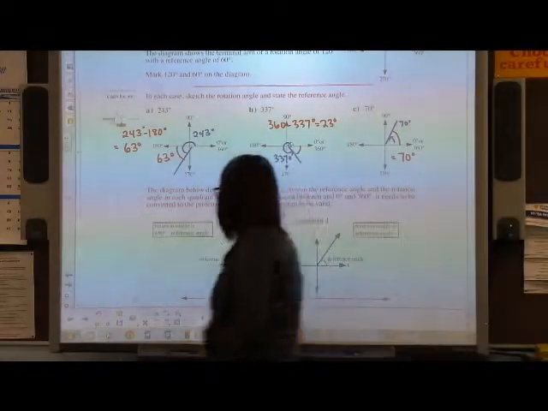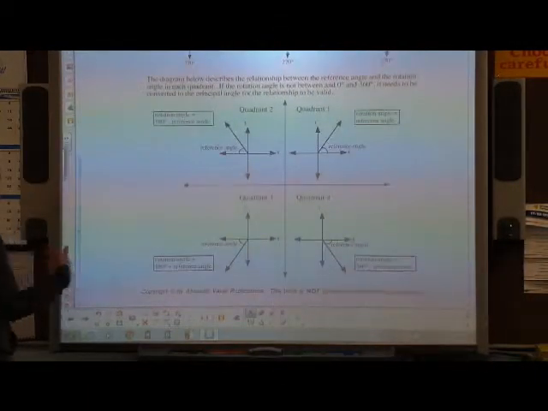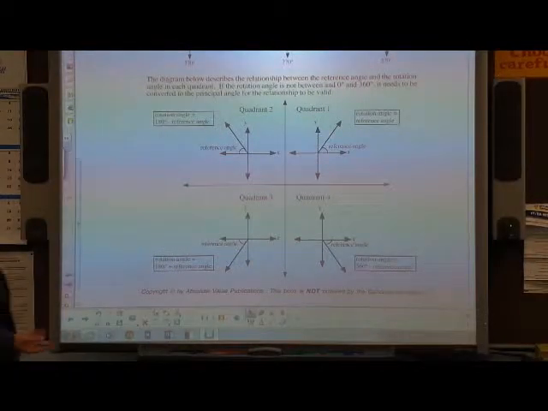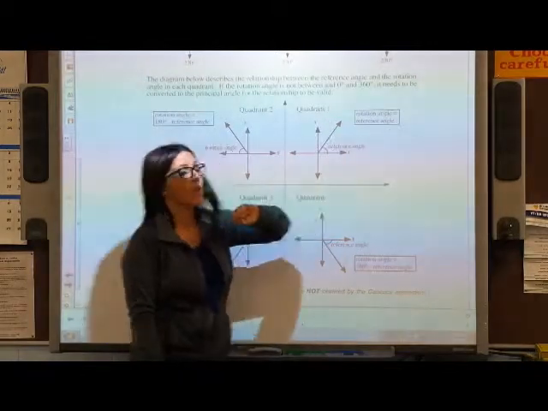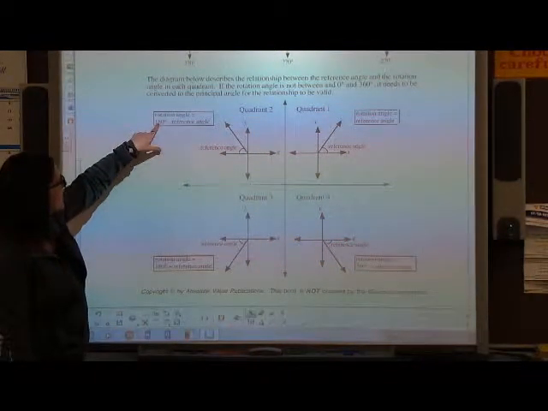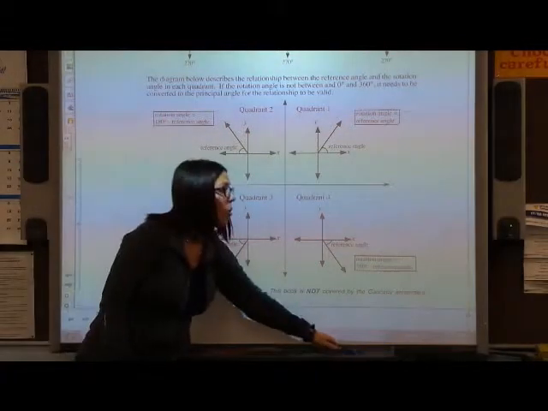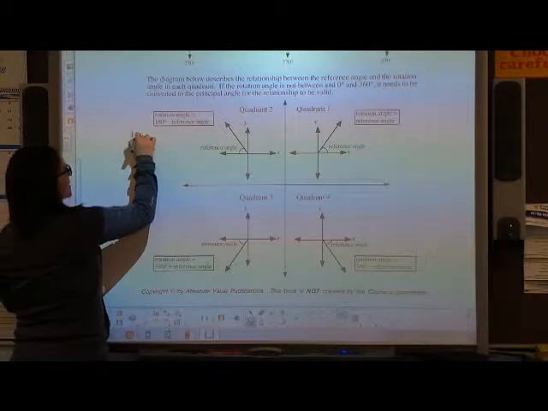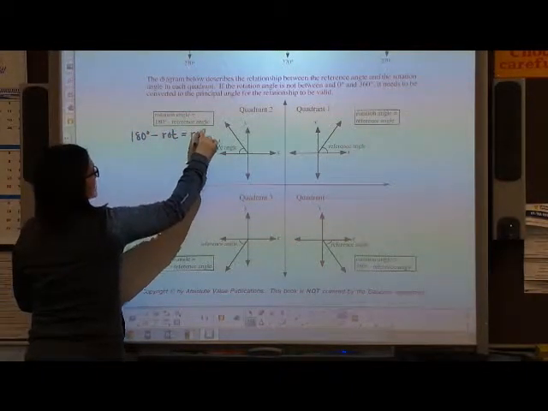Okay? So then down here is a diagram that describes the relationship between the reference angle and the rotational angle. In the first quadrant, they're the exact same. In the second quadrant, I can figure out 180 degrees minus the reference angle equals the rotation, or 180 degrees minus the rotation equals the reference.